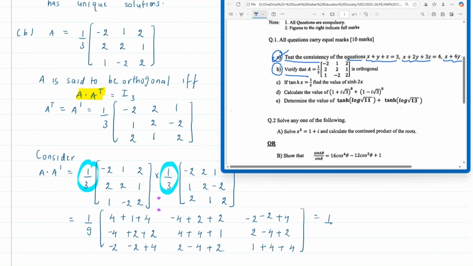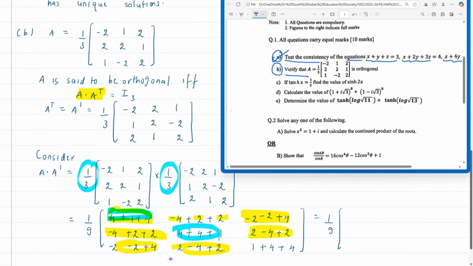So this is equal to 1 over 9, and you can see that this entry is 9. Now over here, minus 4 plus 2 plus 2 reduces to 0. Same thing happens over here and here, here, here and here. So all these entries are going to get reduced to 0, whereas only the diagonal entries are 9, 9 and 9.